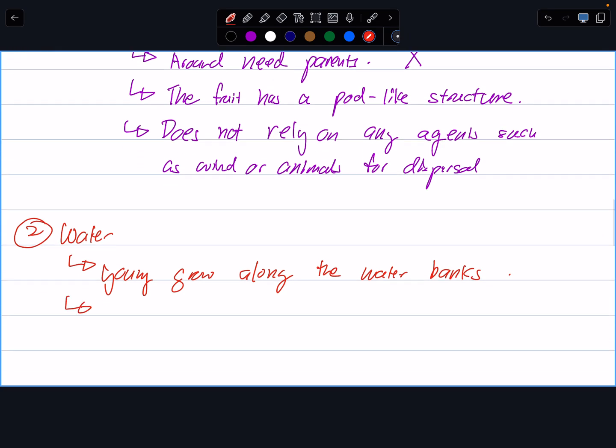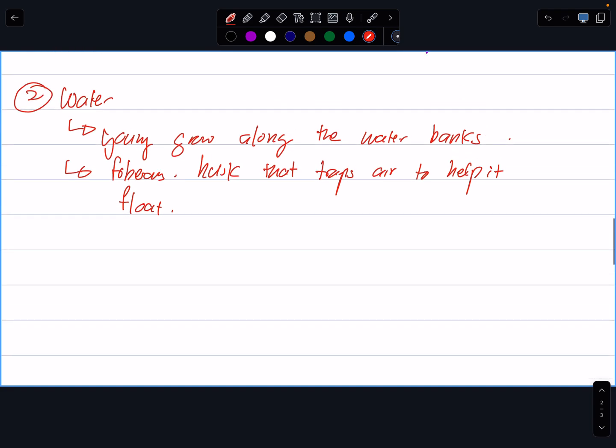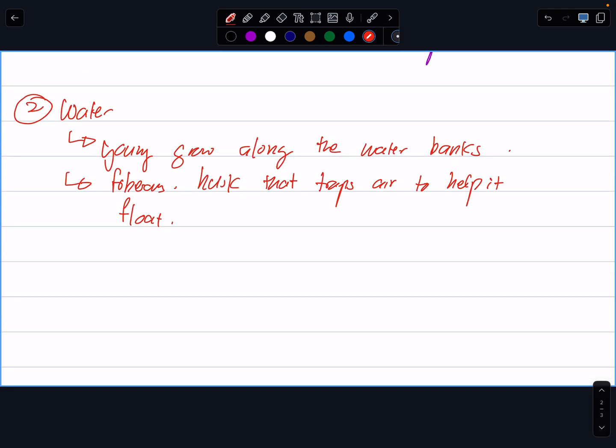Okay, you also know that usually, I'm not saying all, it has a fibrous husk that traps air, okay, to help it float. Next. This whole statement needs to be written down. Fibrous husk, trap air. The trap air is important.